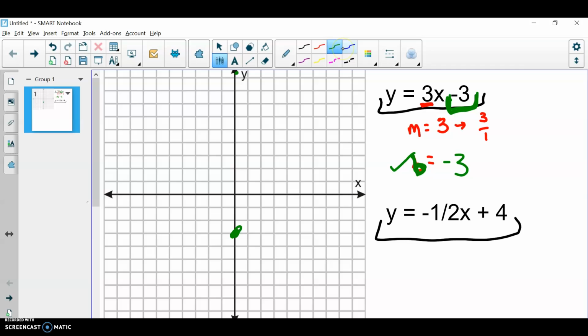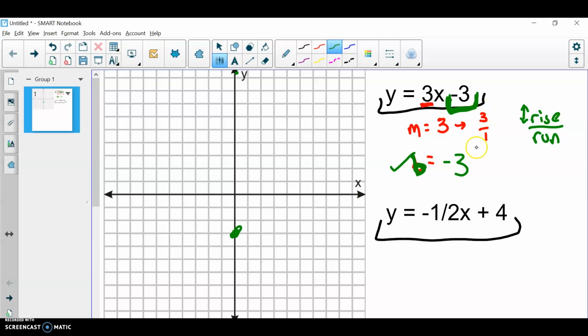Now the next thing we need to do is use our slope. The slope gives us values called the rise over the run. The reason I made it a fraction is that the top number is going to tell you how far up or how far down to go.